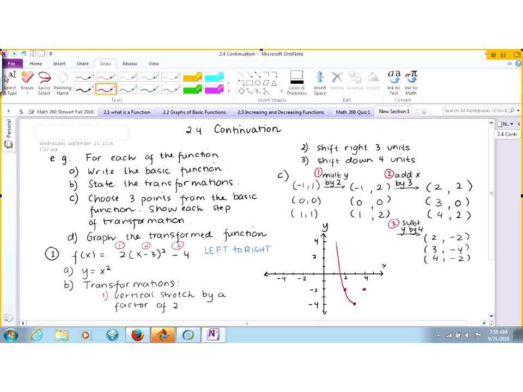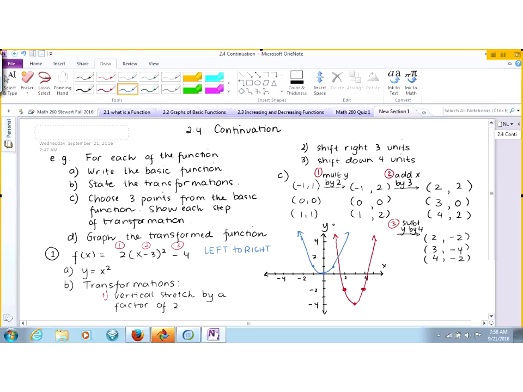All right. So it looks like this. This is my transform function. Okay. This is my new function. Now, if we want to grab the original, so it's -1, comma 1, 0, 0, 1, 1.